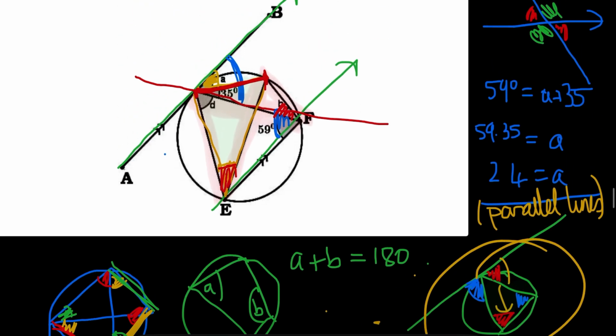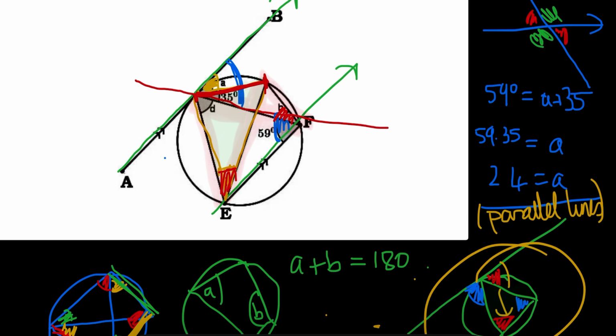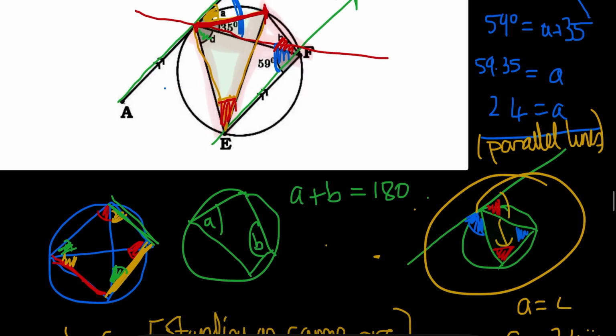All right, we're almost there. Now for D, we might have to do a bit more work, but let's see what we could use. So here's D. Let's use that these angles add to 180, right? Okay, so these angles adding to 180.